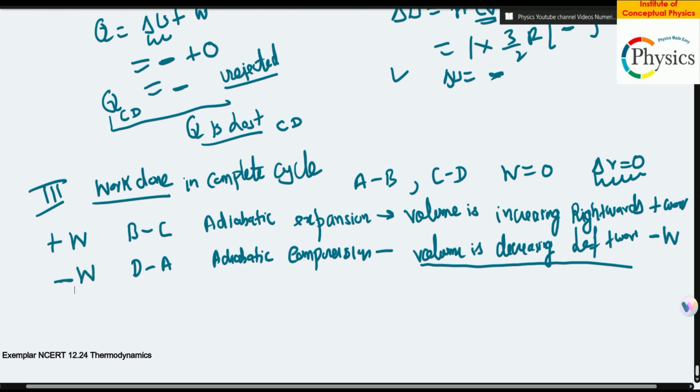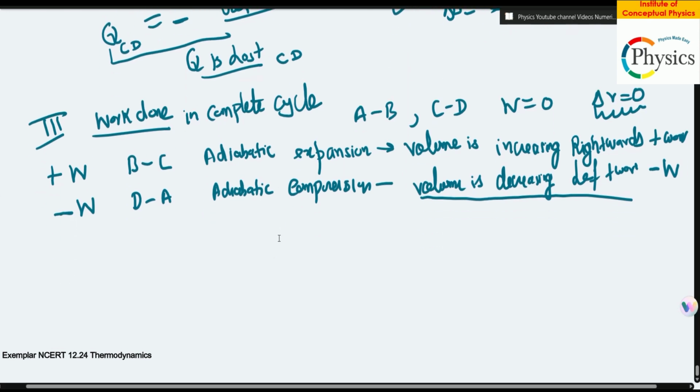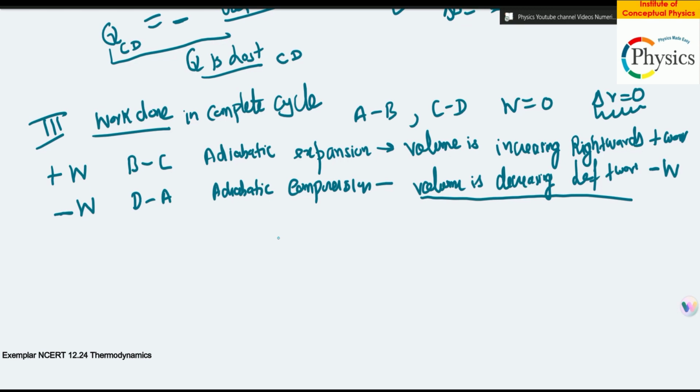I hope this is making sense. Now we know the processes are adiabatic processes, right? So you must remember the formula for work done during an adiabatic process. What is the work done during an adiabatic process?